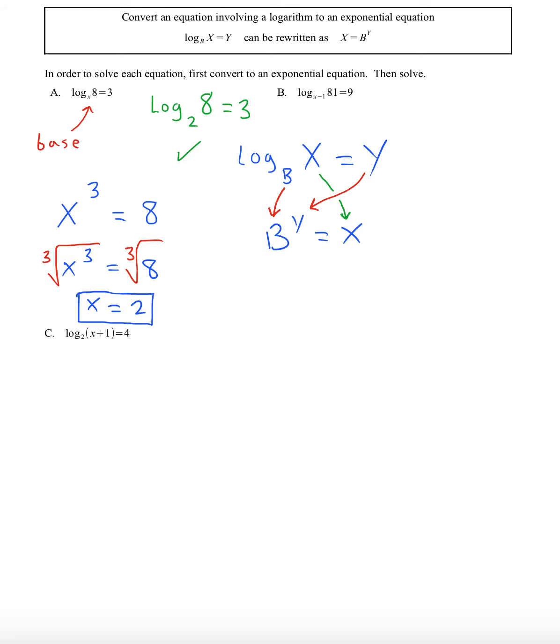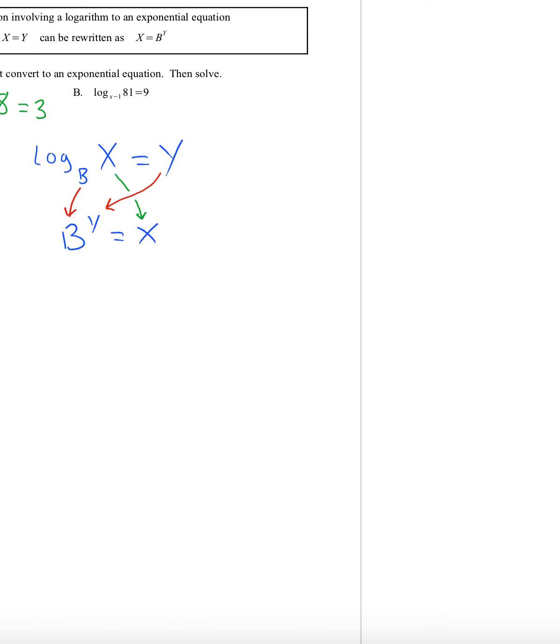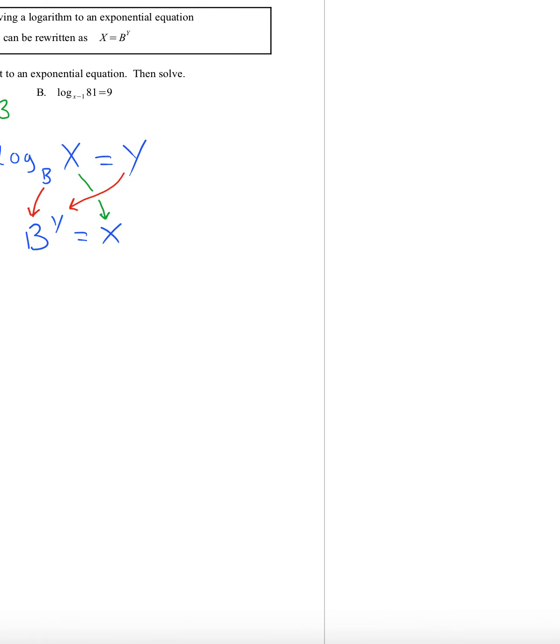All right, let's rewrite this one here. We need x minus 1 to become the base. We want to raise it to a power of 9, but we do have to make sure the whole thing gets raised to the power of 9, so put parentheses around that base.